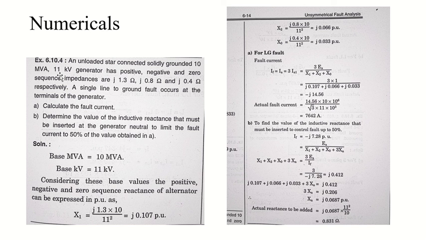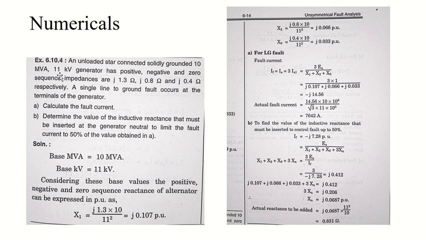Now you already have the values of x1, x2 and x0. You are assuming the voltage as unity. So IA1 will be EA, which is 1, divided by the 3 reactances, and the final value will be 14.56 j, but negative.